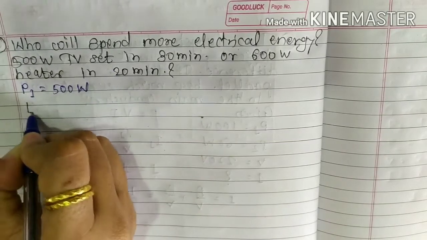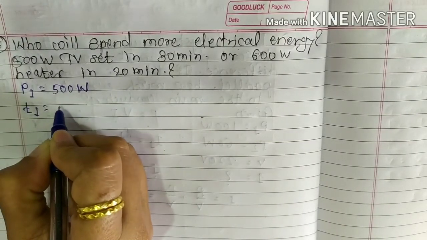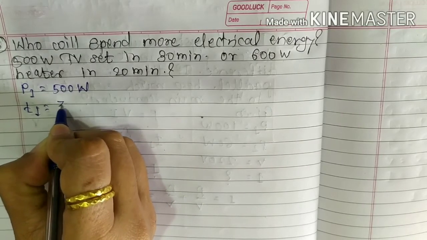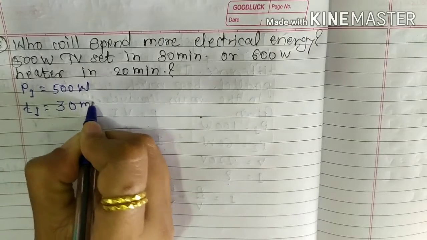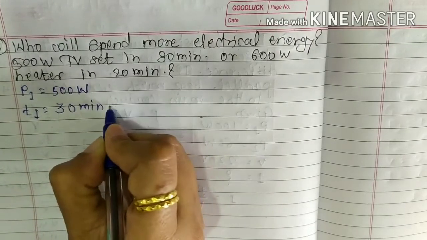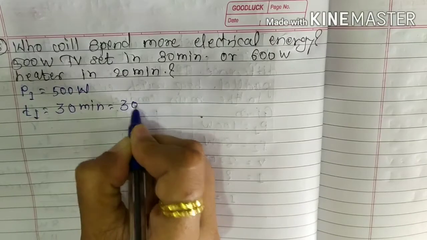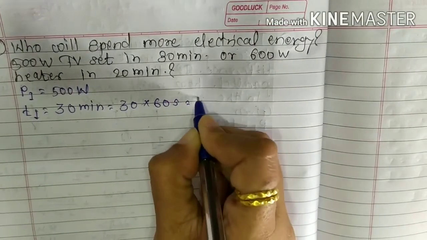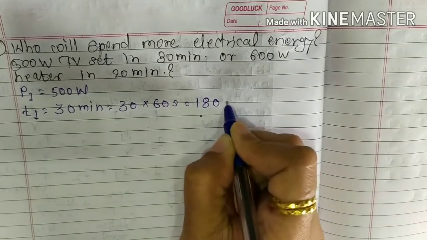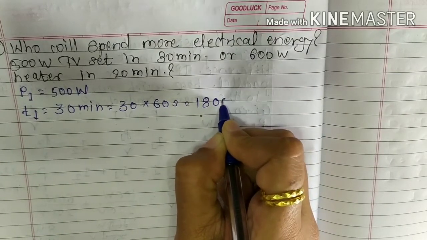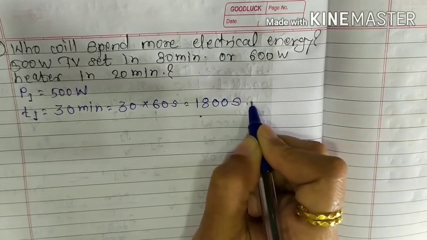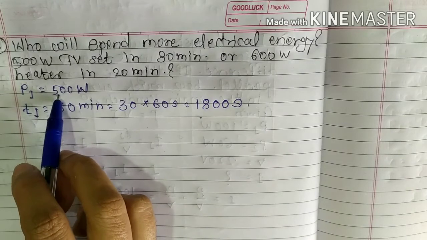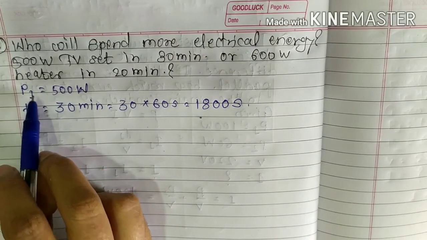In time, for the TV set, that is T1, is 30 minutes. We convert this minute into second, hence 30 into 60 is equal to 1800 seconds. This is the information about the TV set.